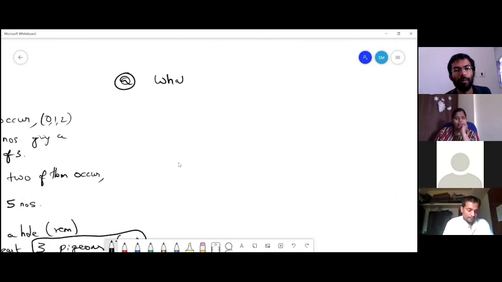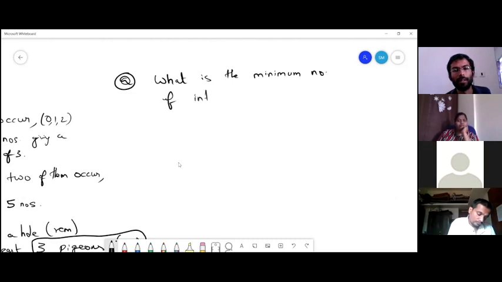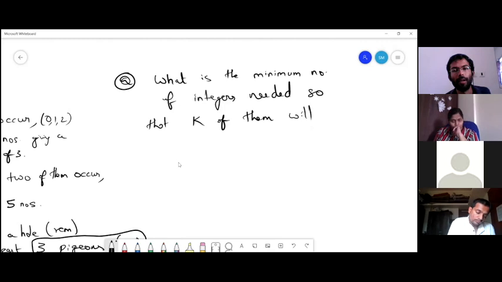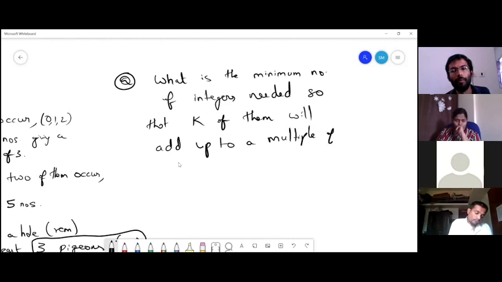What is the minimum number of integers needed so that k of them will add up to a multiple of k?